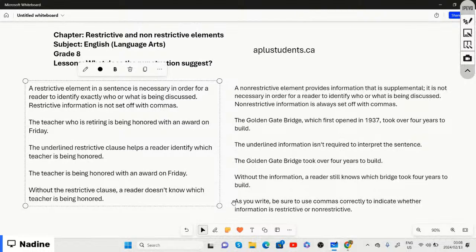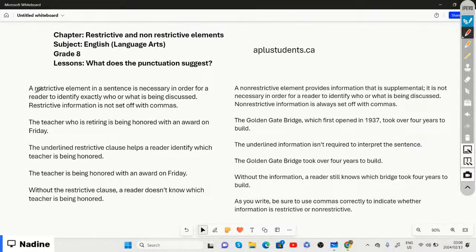And a restrictive element within a sentence is necessary in order for a reader to identify exactly who or what is being discussed.